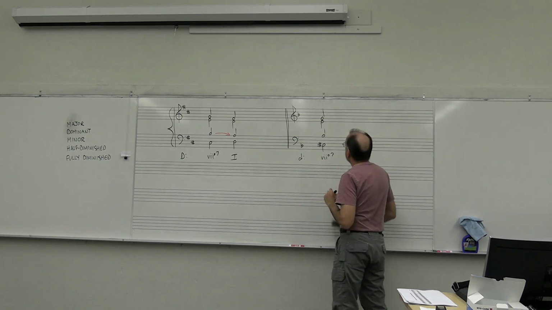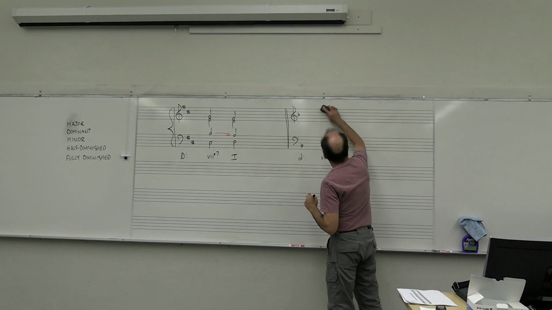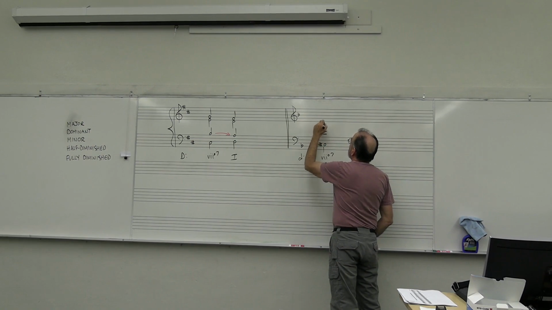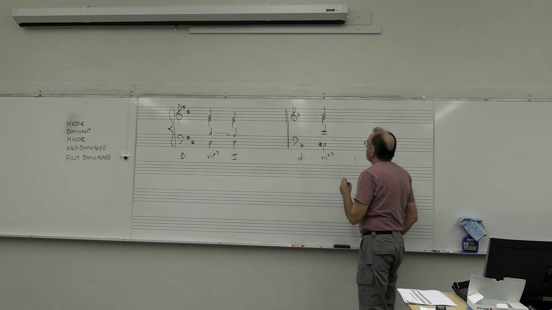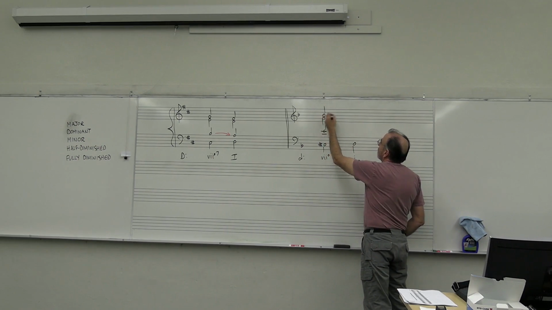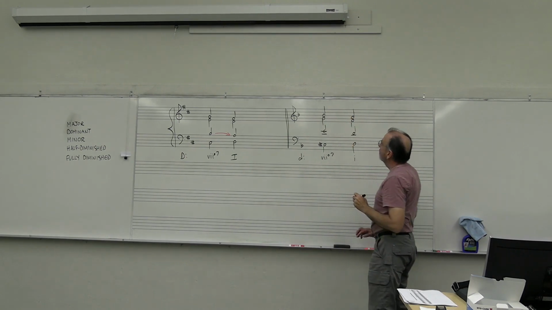Oh, actually, let me voice this differently, just so we can see how the tendency tones still play out in the same fashion. So still leading tone up to tonic, still the 7th down by step, still the fa to the mi, and then we'll just get the other D there.